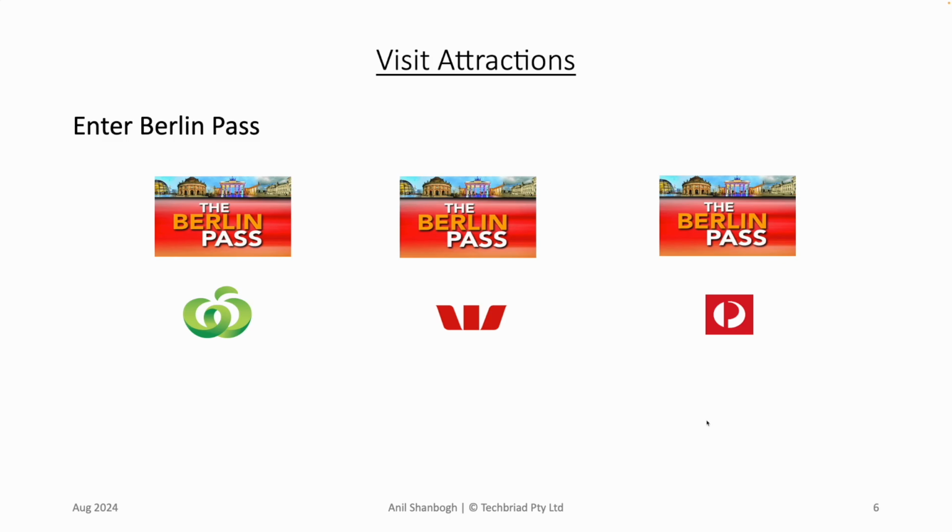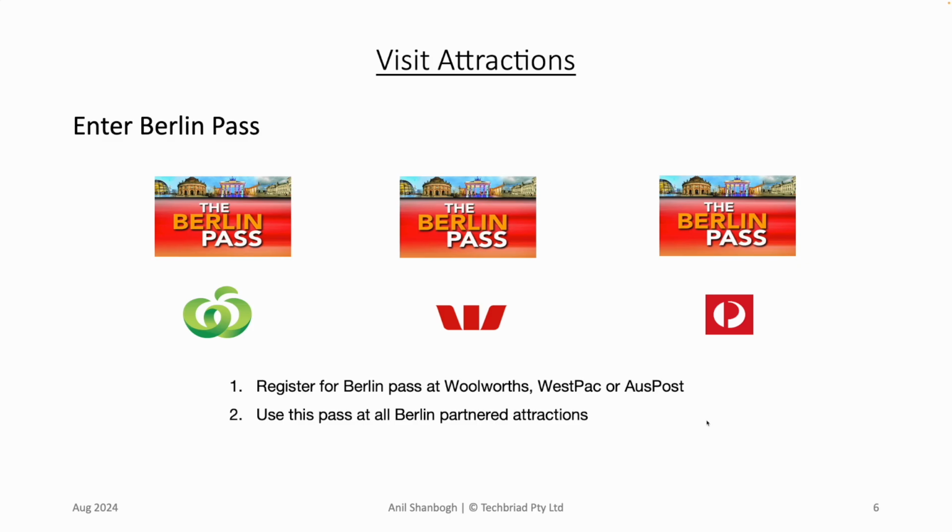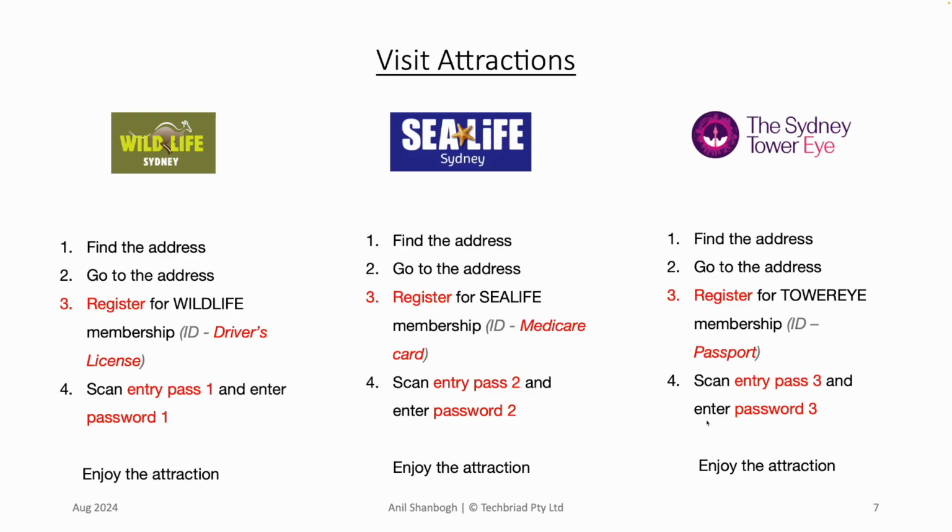If I trust Westpac, I walk into a Westpac office, I provide them some documents, for example my identity information in terms of my driver's license and some address proof, and they issue me this Berlin Pass. Now using that Berlin Pass, I can visit n number of attractions that I'm interested in. So what changed now is that I use the same pass at all the different attractions, and I'm obtaining the pass from a provider that I trust.